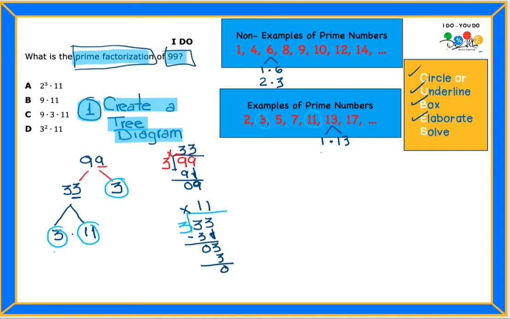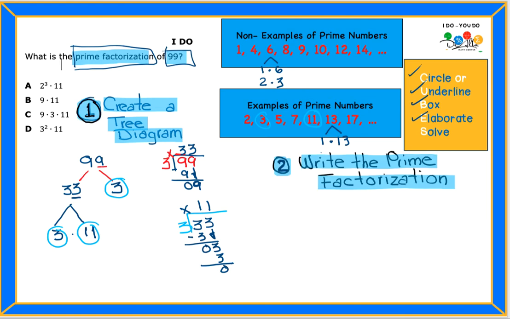My second step is going to be to write the prime factorization. So I'm going to add that label. I added my label and now I'm going to write the factorization. The number given was the 99, right? Okay, so now I'm going to write the factors that I listed in here. I'm going to start with the 3's.